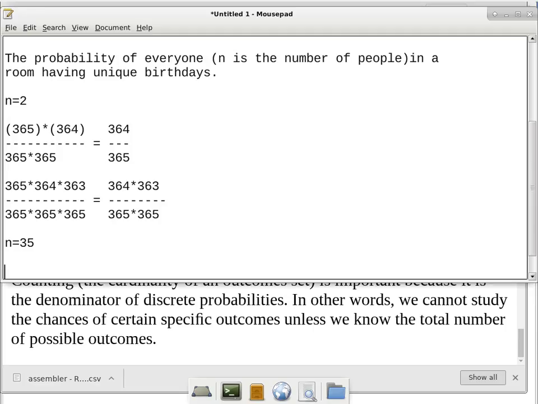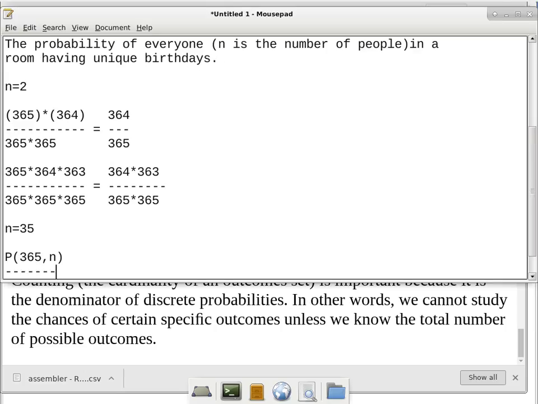The general equation is to have the denominator being p, the number of permutations of, you have 365 as the possible outcomes for the first person, right? And then how many trials are we having? 35. No. The number of people is the number of trials. That would be 35, n, right?